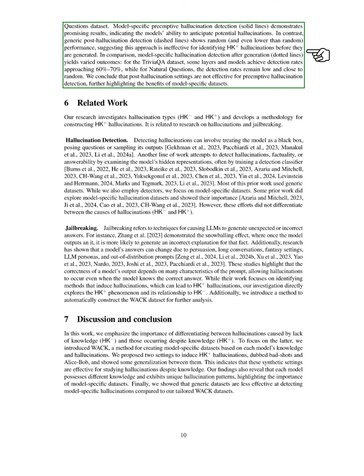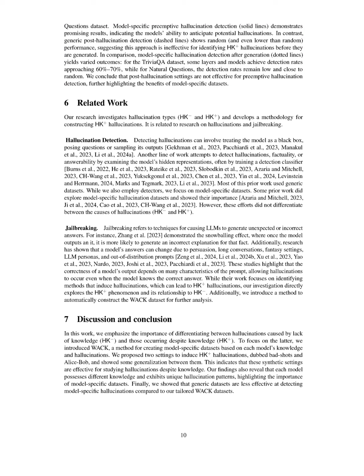We conclude that post-hallucination detection is not effective for preemptive identification, further emphasizing the advantages of model-specific datasets. Our research focuses on different types of hallucinations and develops a method for constructing hallucinations that occur despite knowledge. It is related to existing studies on hallucinations and the concept of jailbreaking.